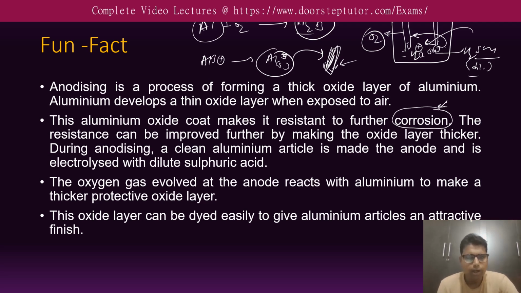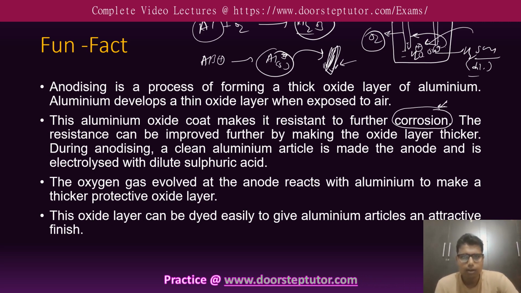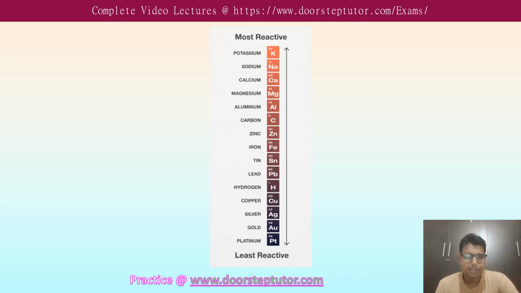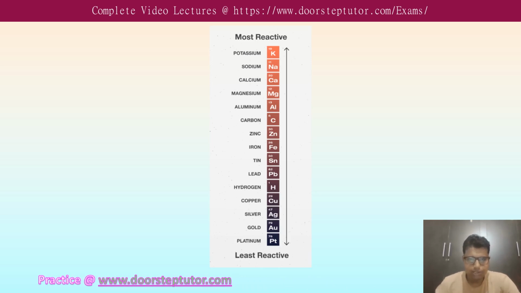Okay. So this is a fun fact, that it is generally used to make the layer of alumina. Now we are starting the reactivity series, and you have to understand it very well, because it is very important in chemistry, not only in this particular chapter but in higher classes as well.